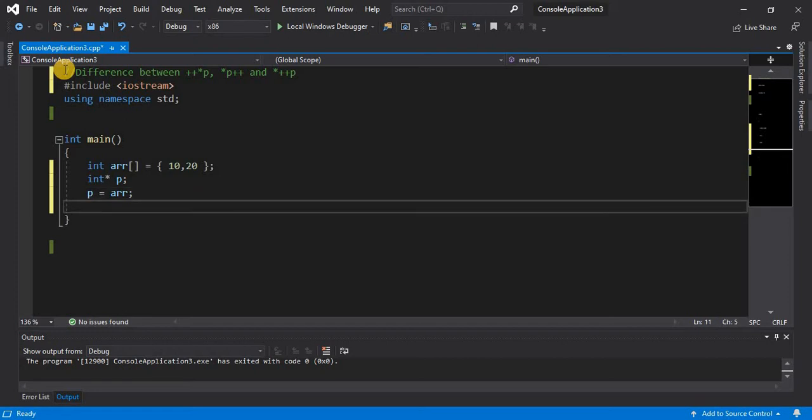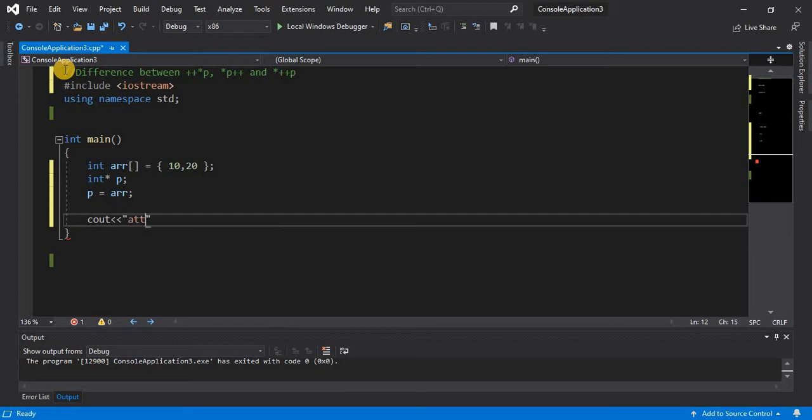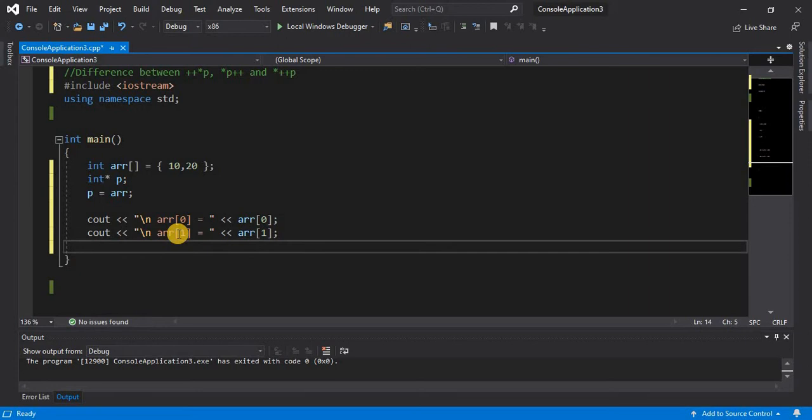After that we print cout ARR of 0 is equal to, we'll write here backslash n, ARR of 0, then we'll print cout ARR of 1 is equal to, and then we print cout star p is equal to.